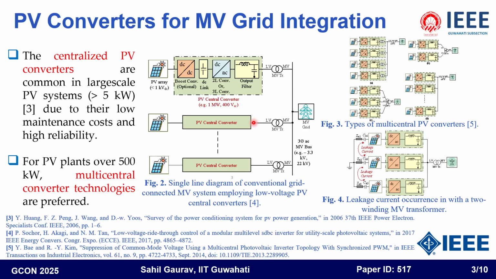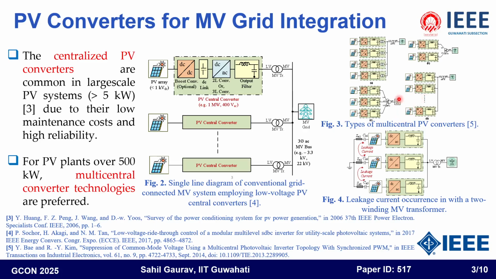Here there are different types of multi-central PV inverters. Among these multi-central types, the multi-winding transformer structure is preferred due to safety, low cost and weight, and overall system efficiency improvement.